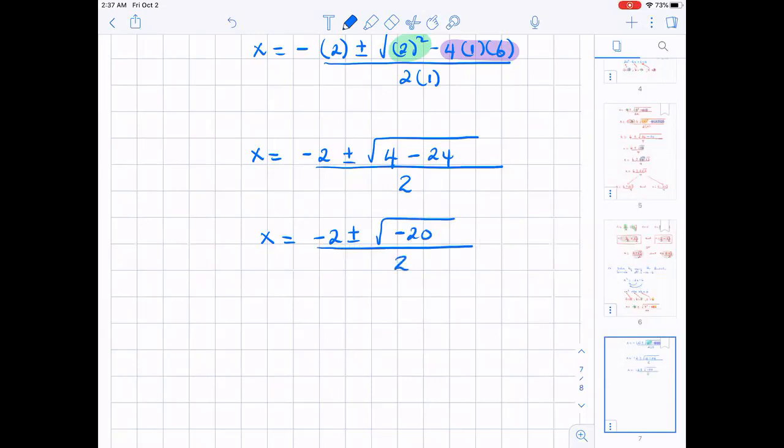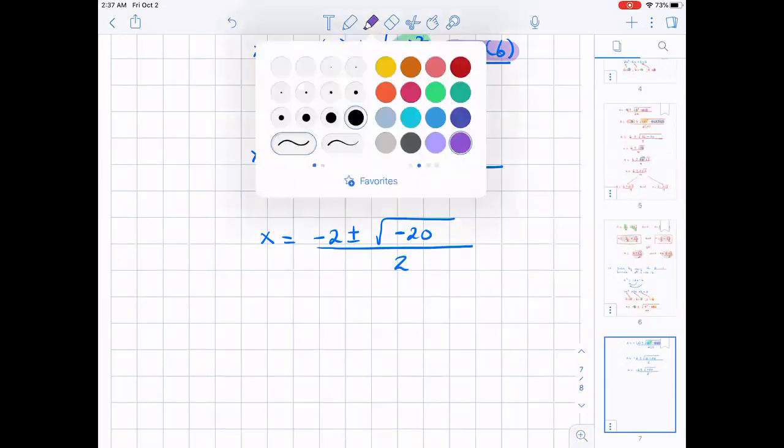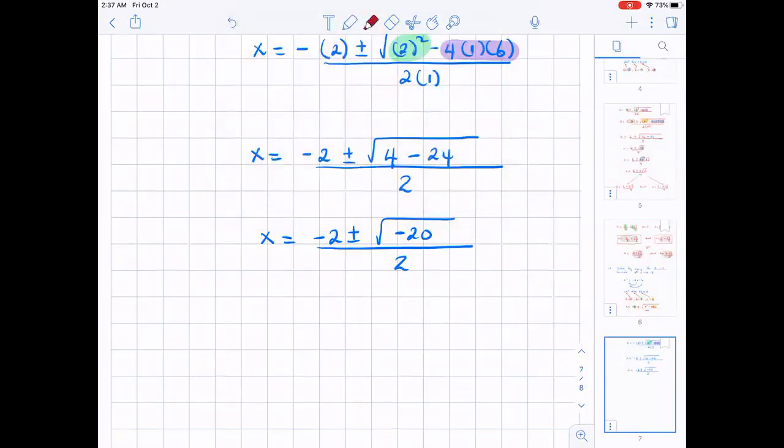Now this is what I said earlier. Whenever your discriminant is negative, you will get imaginary solutions.